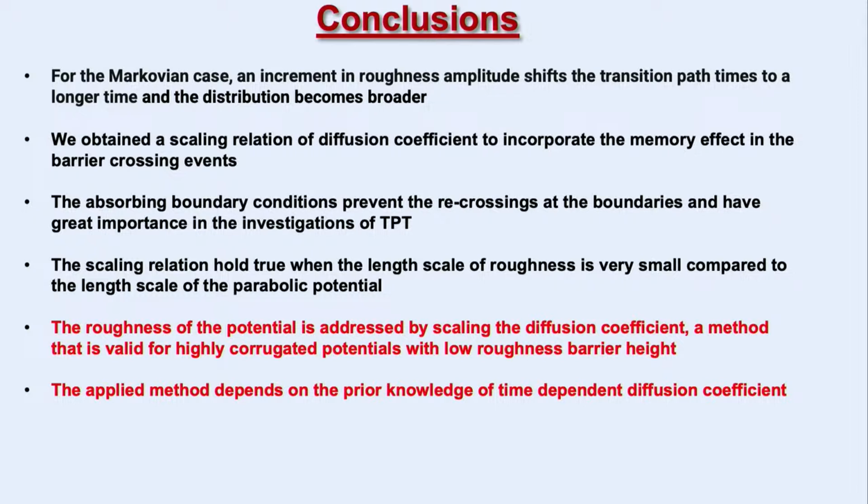I would like to mention a limitation: the roughness here, which has been addressed by scaling the diffusion coefficient, is valid for a highly corrugated potential with a low roughness barrier height.